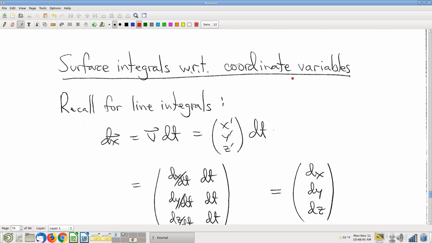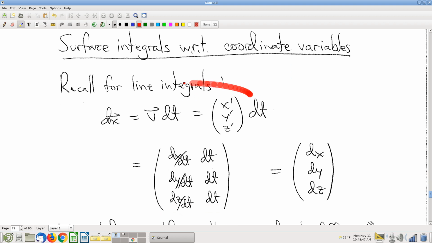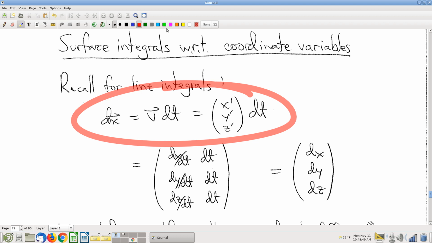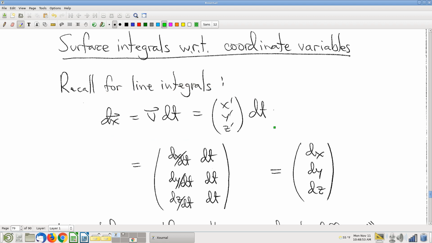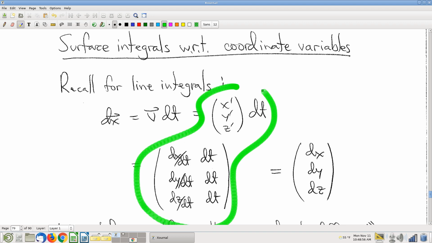Okay, so just a quick reminder, old news from vector line integrals. When we made the jump to talking about coordinate line integrals, I asked the question, okay, weird question, but if I were to look at these coordinates of my dx vector one at a time, right now notice we're looking at our vector differential, what should I call that? And the idea of our choice was that we should call that dx.